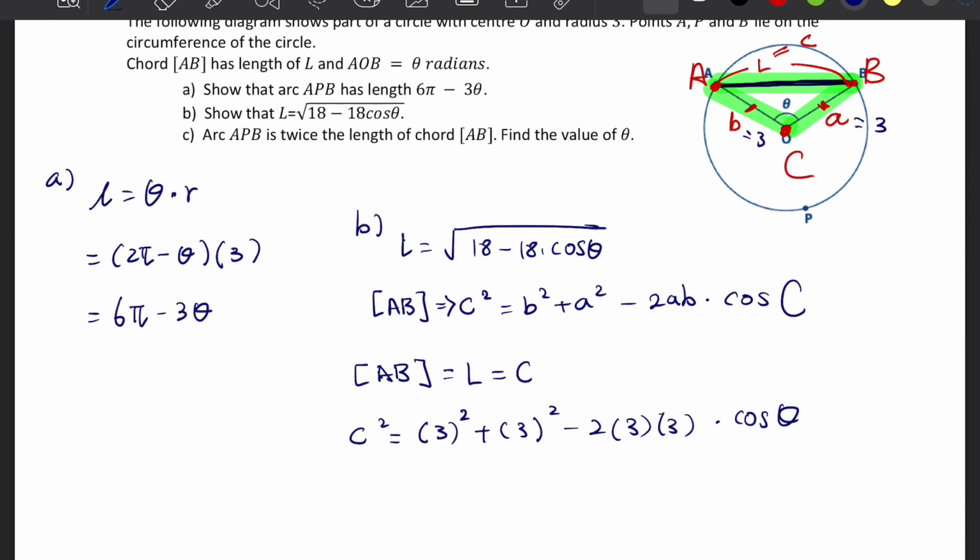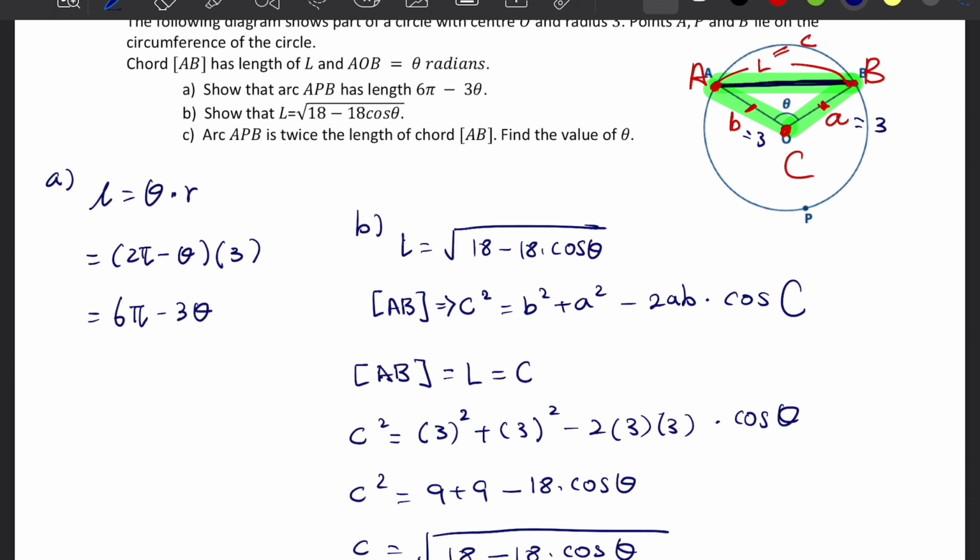Then we have c squared equals 9 plus 9 minus 18 times cosine theta, which means c is equal to square root of 18 minus 18 times cosine theta. Since c is also the same as L, L is also the same as square root of 18 minus 18 times cosine theta.